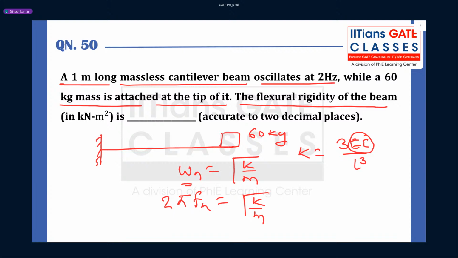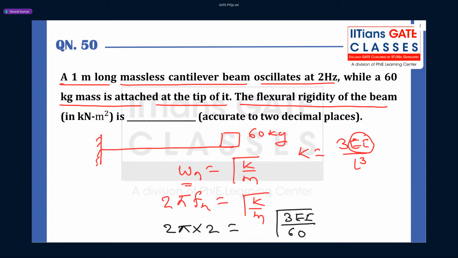Now substitute everything here. 2 pi into 2 will be equal to under root, k is 3EI by L cube, length is 1 meter, so 3EI upon the mass, which is given as 60.